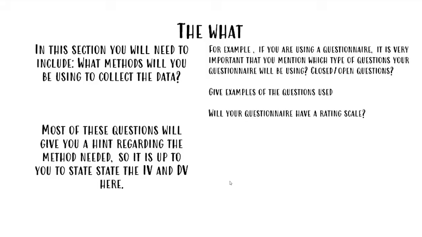Will your questionnaire have a rating scale? You need to explain how the rating scale will work, 0 to 5, whatever type of rating scale you're going to use. You need to describe it a little bit. Okay, so will your questionnaire yield quantitative data or qualitative data, or will it collect both types of data? You need to mention that in the what section.